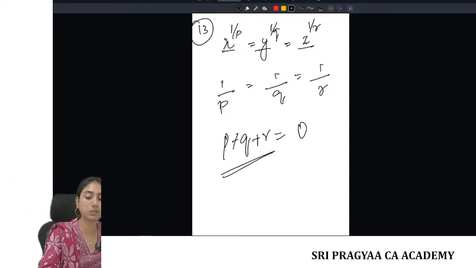If you want, just substitute numbers and see so that you will have more clarity on this. This is given by the law.